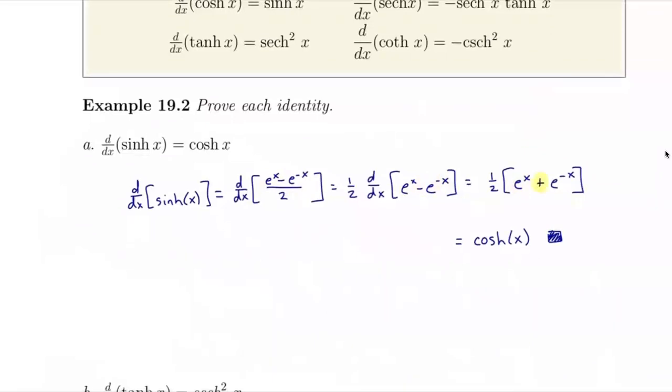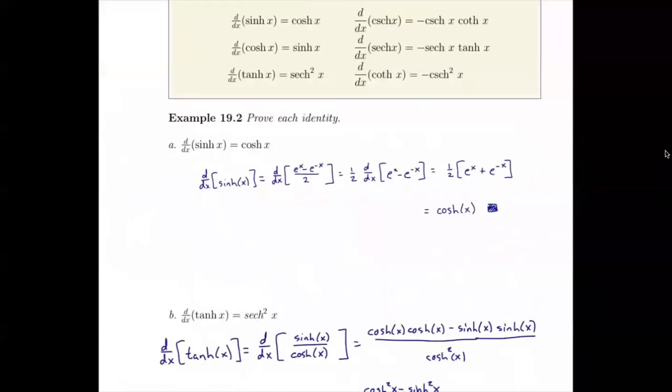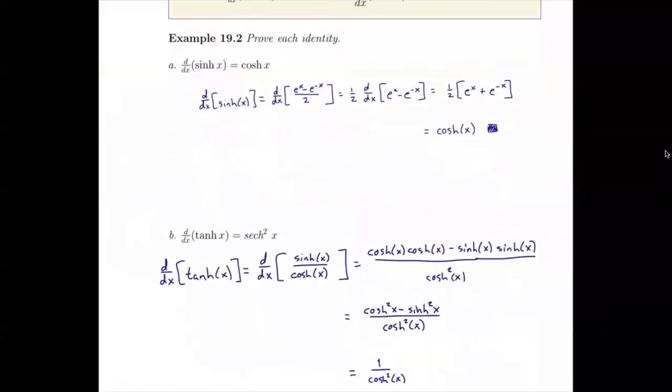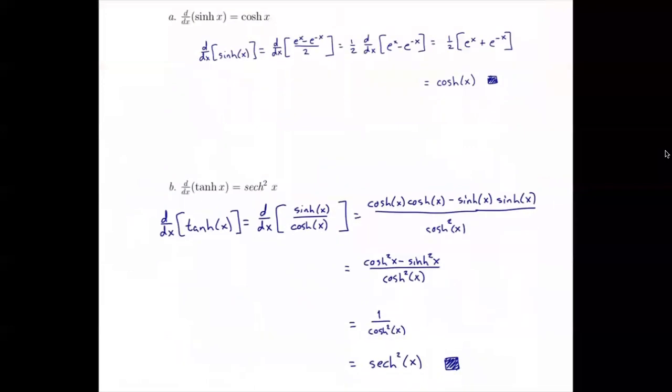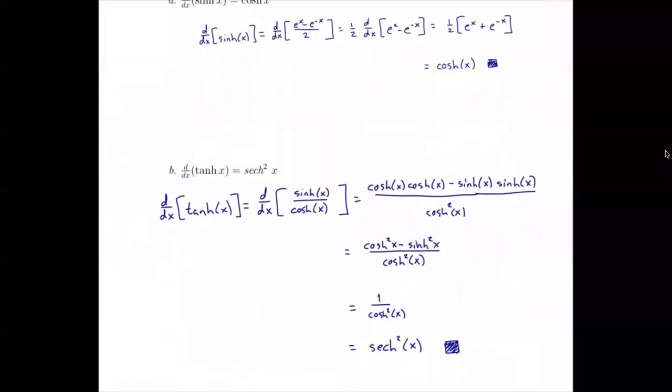So that makes this positive. And when I look closely at this, I realize this is actually hyperbolic cosine. And now I've proved that the derivative of hyperbolic sine of x is hyperbolic cosine. So these are pretty easy. We don't have to go back to the difference quotient situation and do all that old work we used to do.